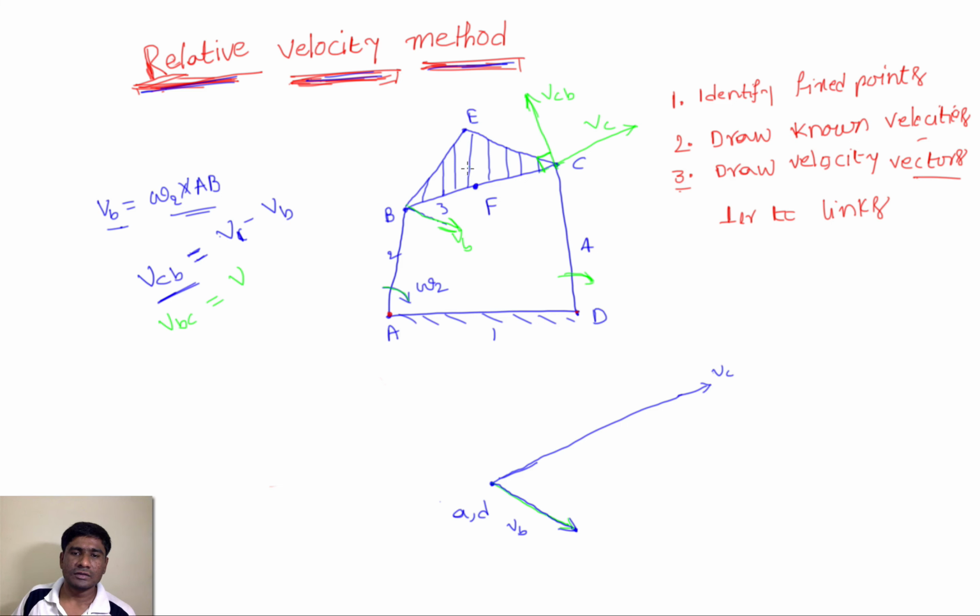But here this link is rotating like this. That means at this position, if you draw a perpendicular to BC from B, it should be something like this.